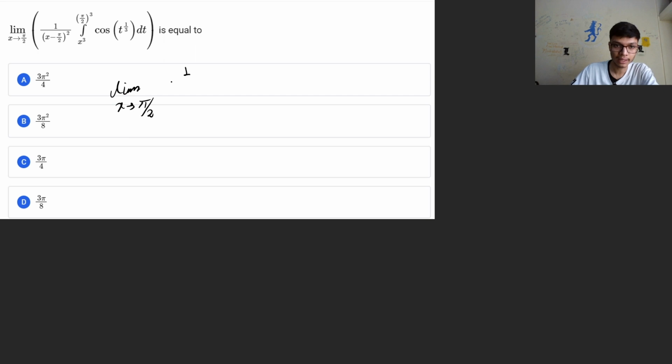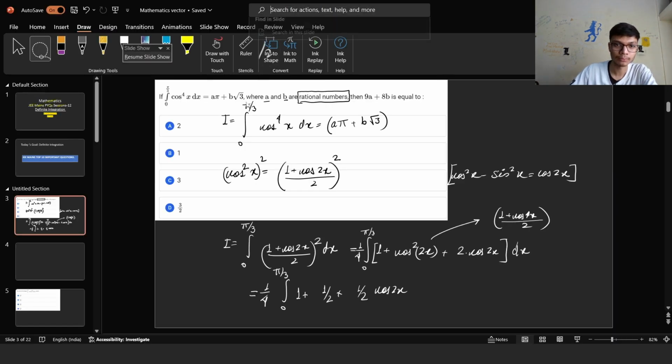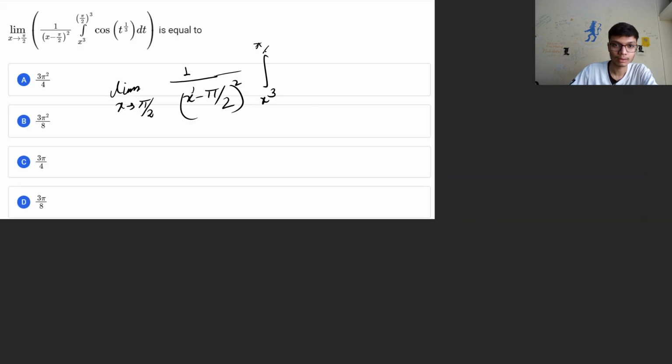You just apply the LH rule, because if we look at this particular integral, you will find this is of the 0 by 0 form. So that is x minus pi by 2 whole square in the denominator, and the integral from pi by 2 whole cube to x cube, and the integrand is cos t to the power 1 by 3 dt.